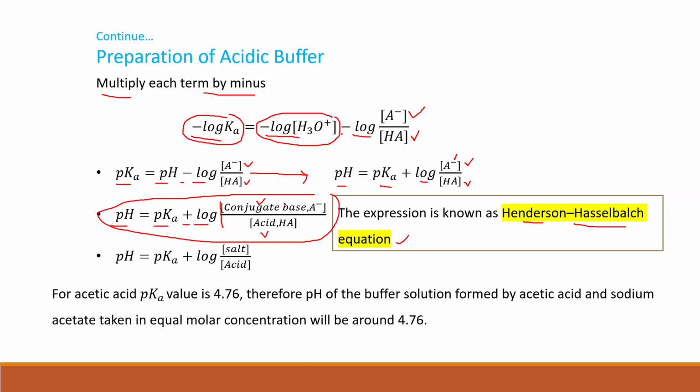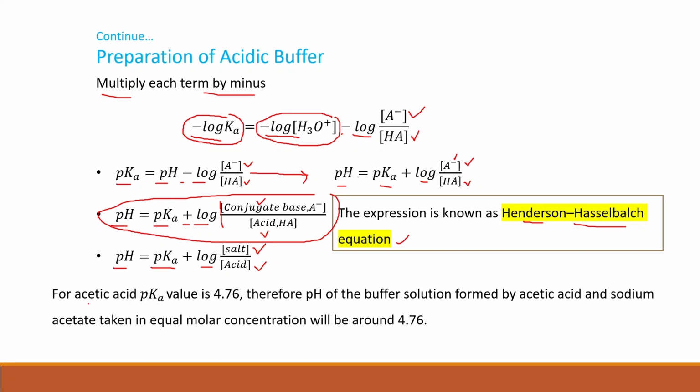So we can say this conjugate base is mainly due to the salt. So this can also be written as pH is equal to pKa plus log of concentration of salt to concentration of acid. Now in this expression, if the concentration of salt and the concentration of acid are the same, then the pH of the buffer solution is equal to the pKa value of the weak acid.